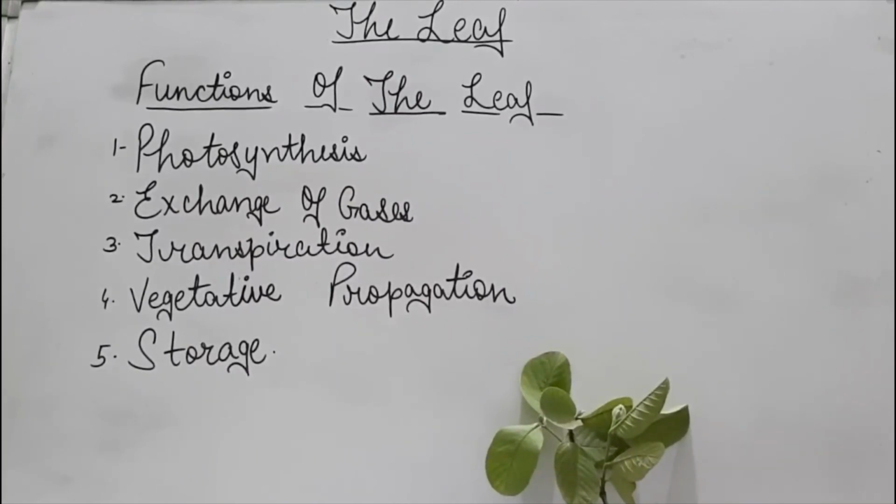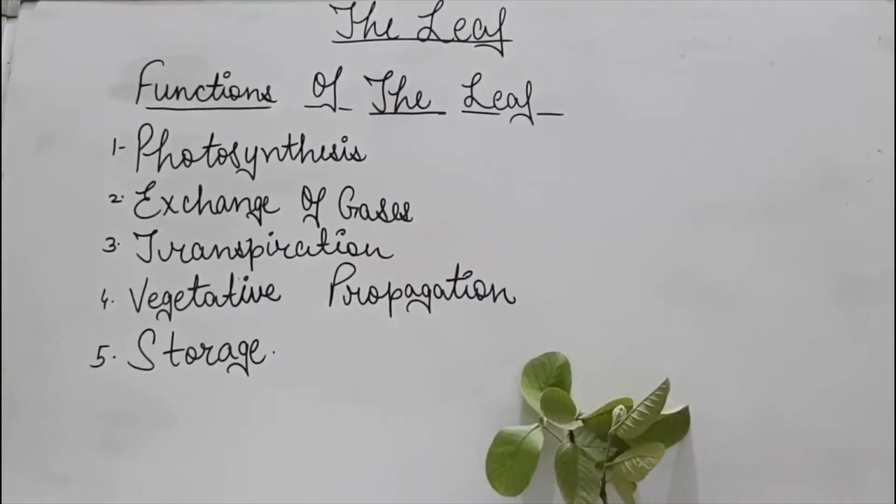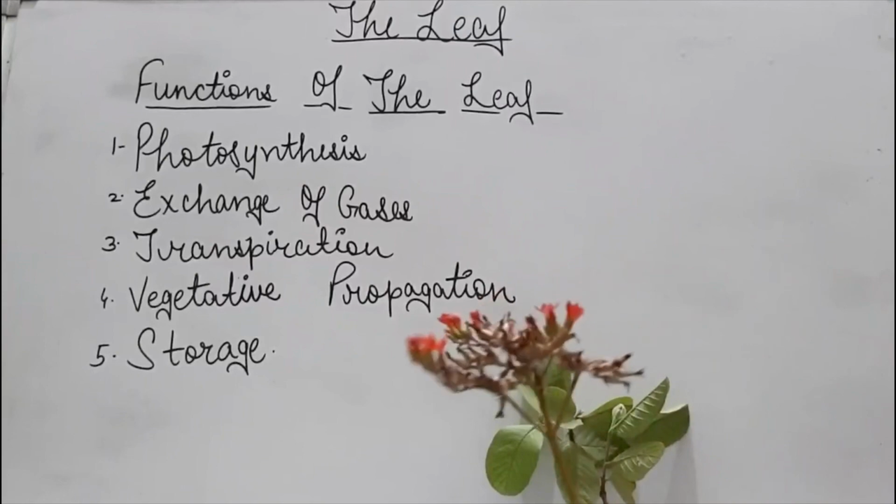Next function of the leaf is vegetative propagation. In some plants, the leaves have buds, and these buds produce new plants. Since the leaves, which are the vegetative parts of plants, are involved in the process of reproduction, it is called vegetative propagation. Example is the bryophyllum plant.